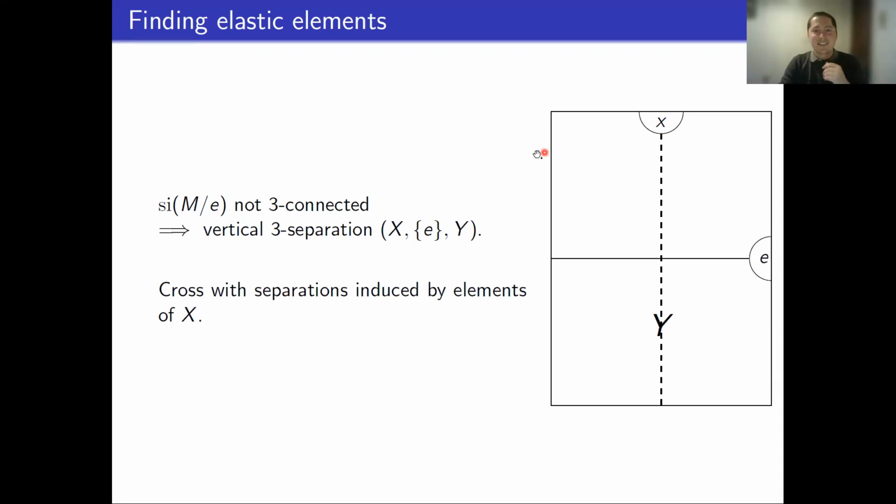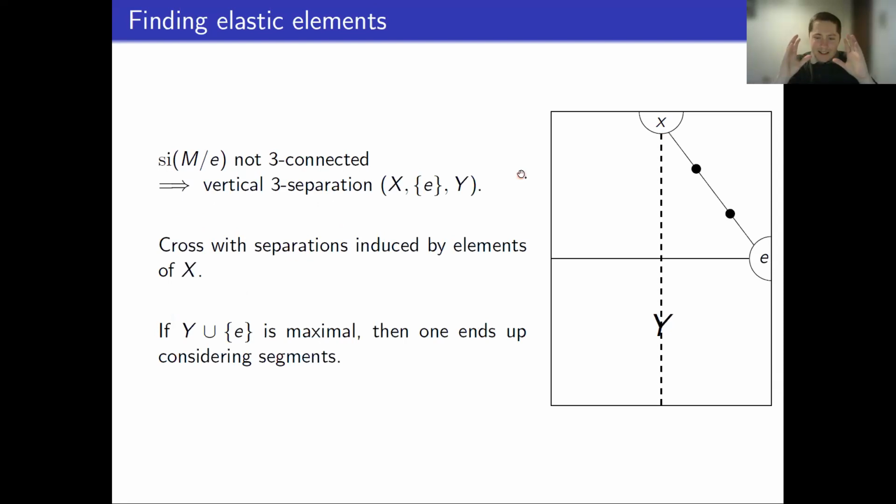I have a tendency to get excited and carried away, so I'm slowing down sometimes. But if Y union E was maximal, then by doing this crossing, when we start getting little 3 separating sets up here in these quadrants, they're not going to be vertical ones because of the maximality of this big blob down here.